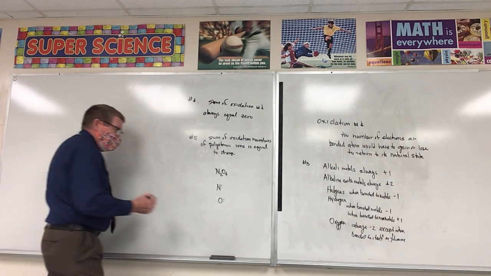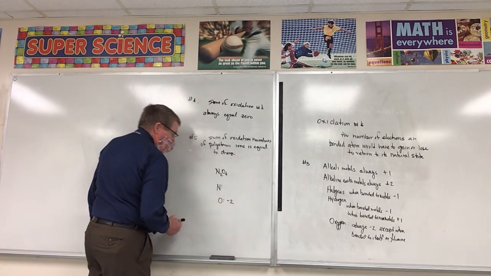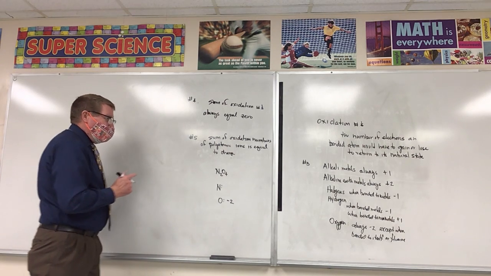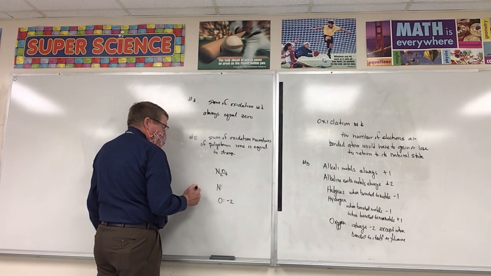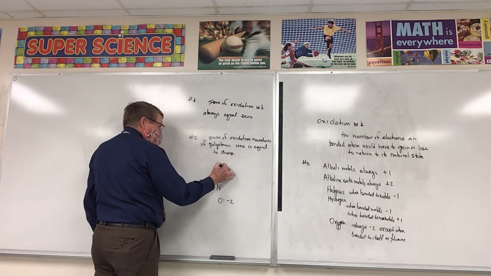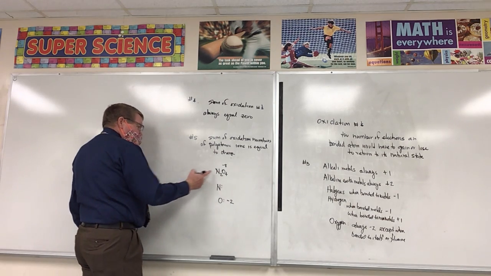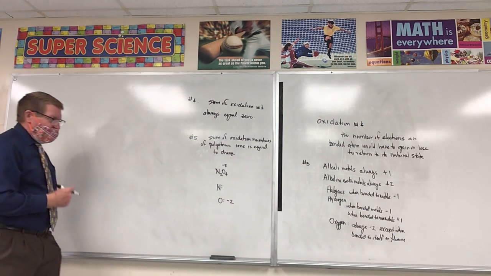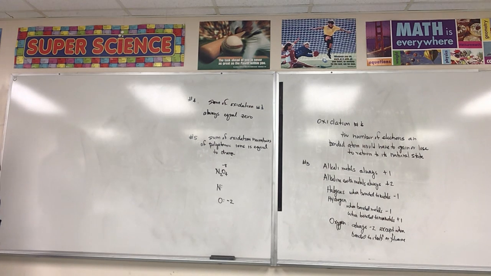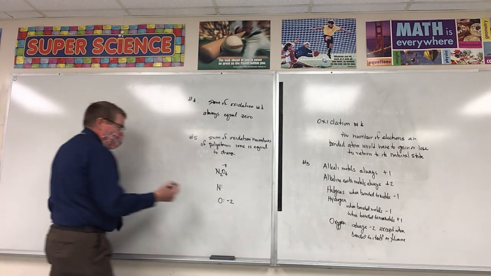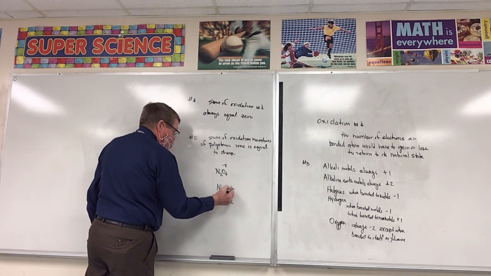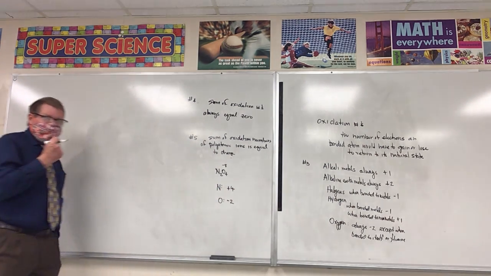Oxygen, which is -2. I don't have a rule for nitrogen, so how many oxygen do I have? I have 4 of them, so that makes -8. So the 2 nitrogen must add up to equal +8, so each one is going to be +4. Here's my oxidation number.